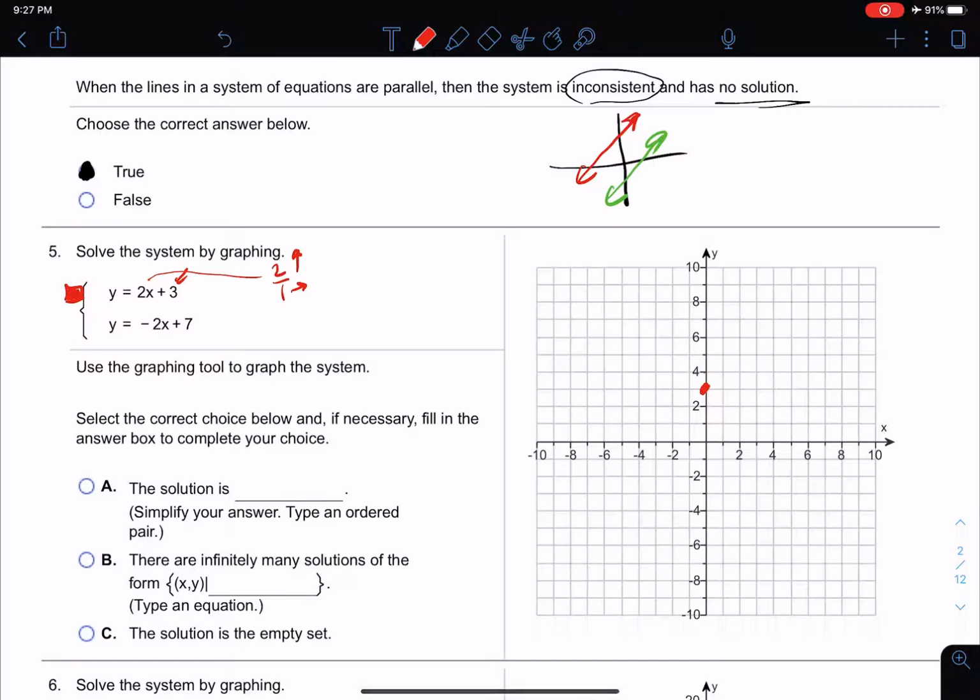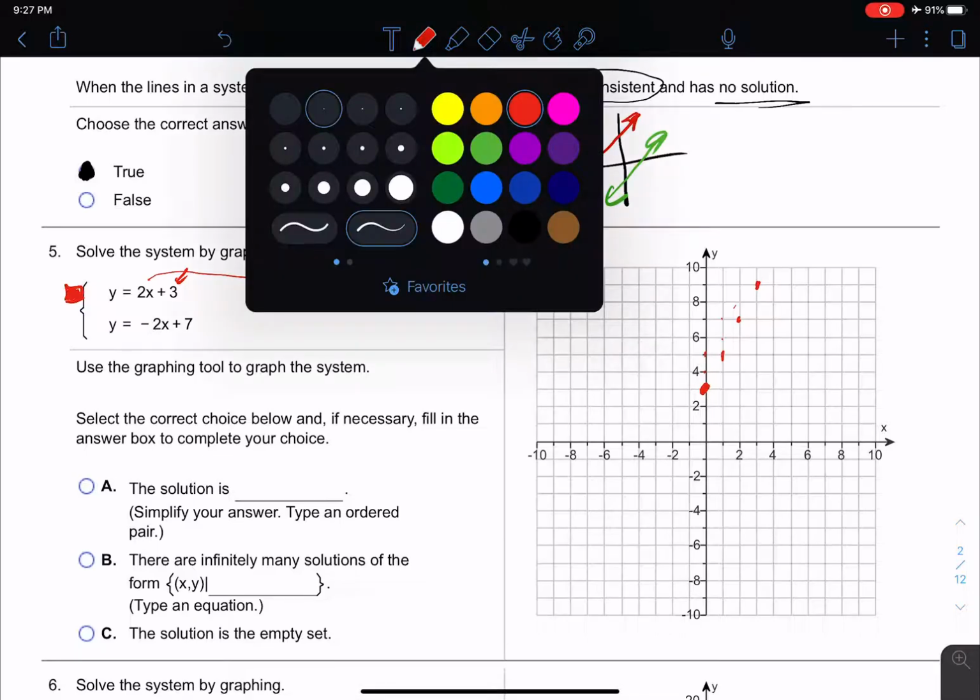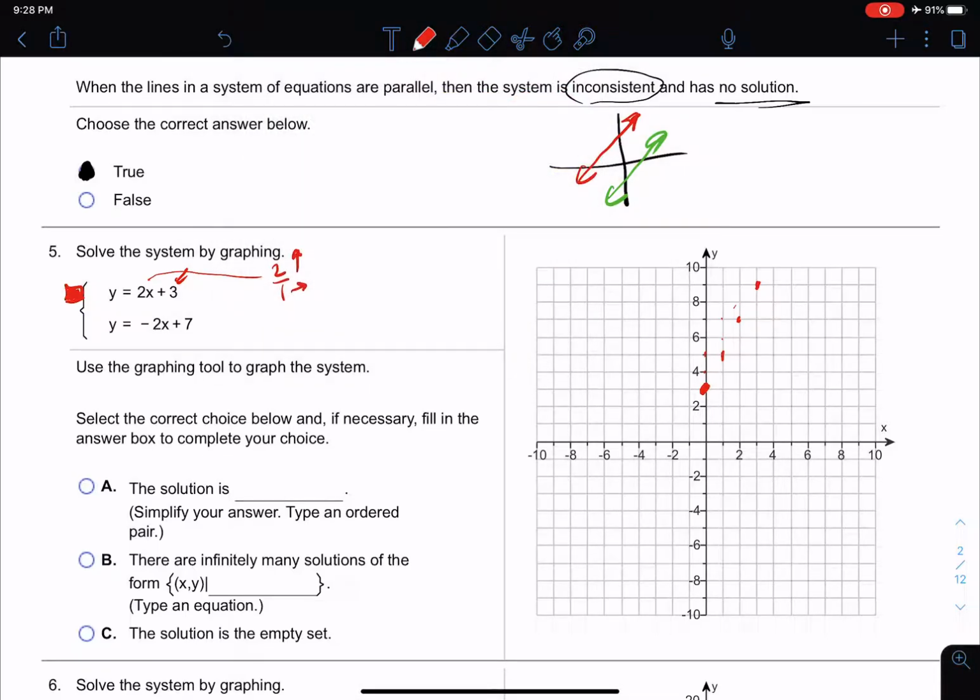So I go up 1, 2, right 1, up 1, 2, and right 1, up 1, 2, and right 1. Then when I make this line, I could do so like that. And so there's my linear equation.